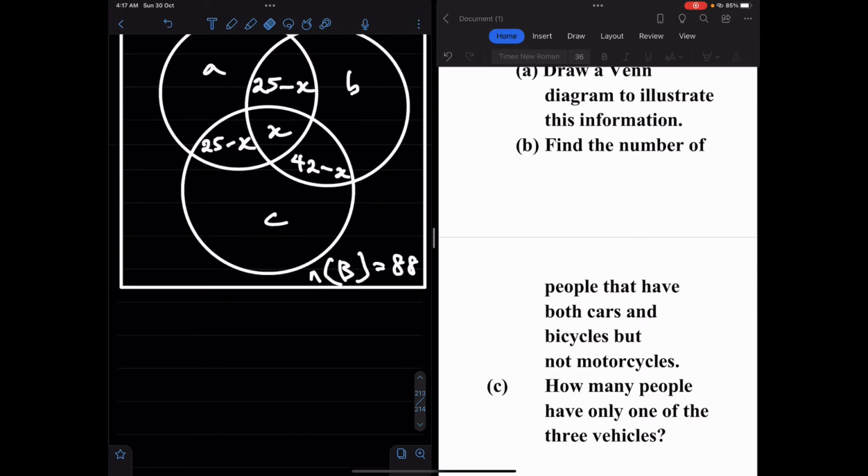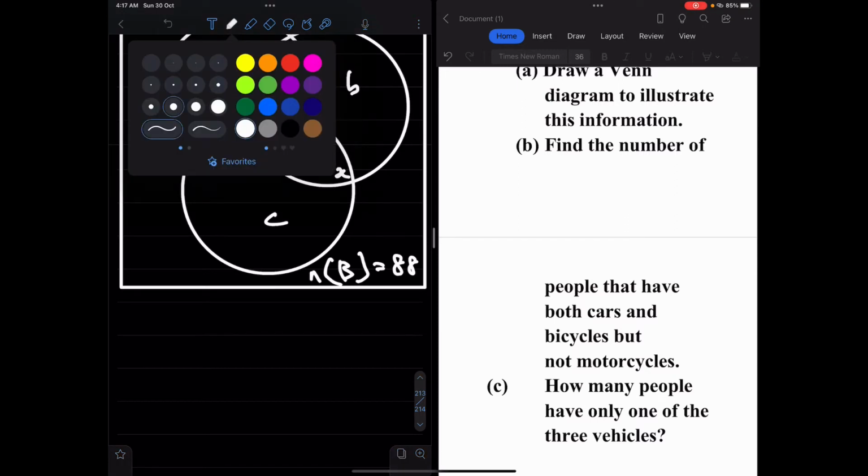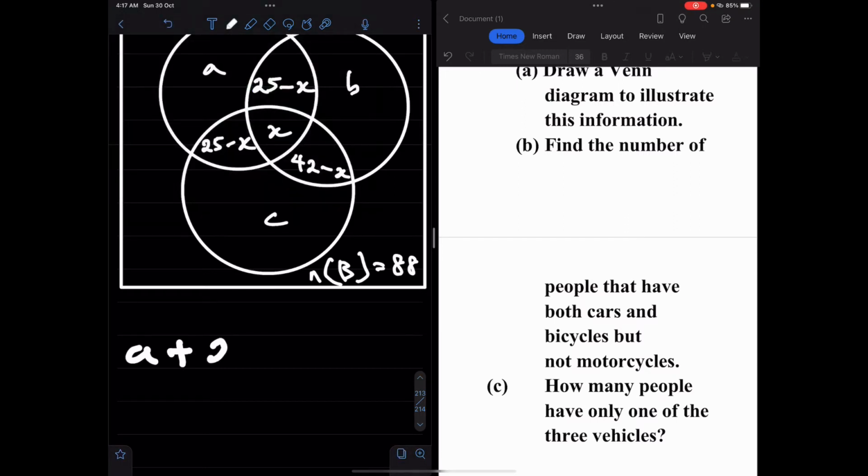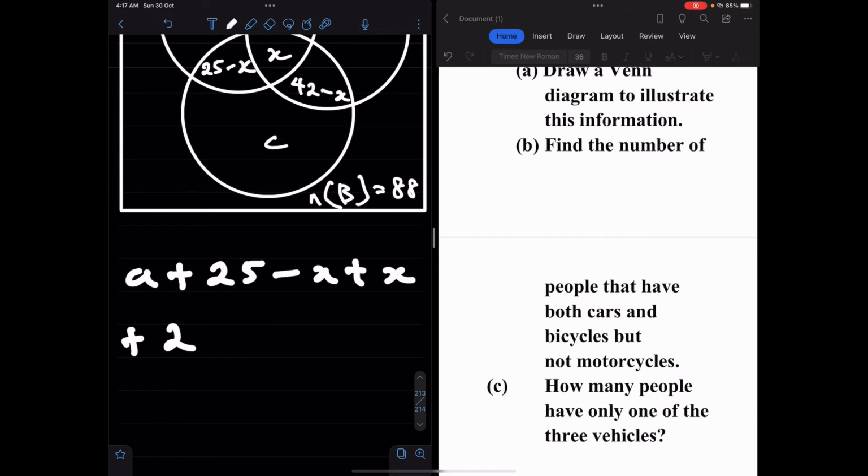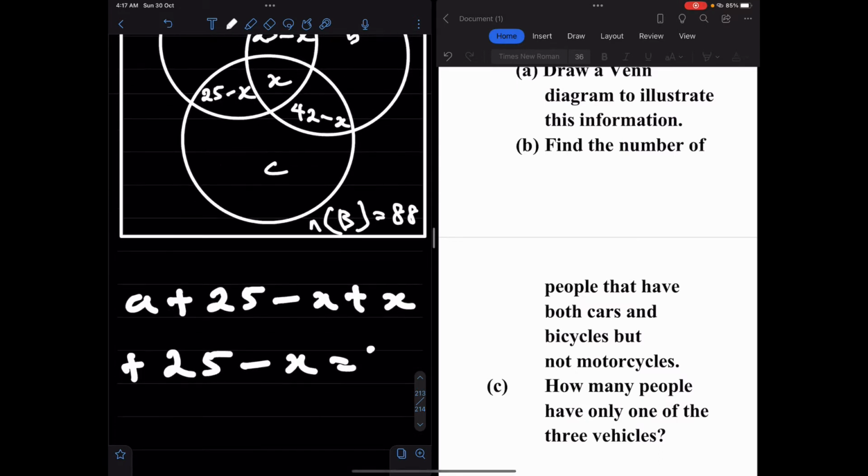Let me find A. A plus 25 minus X plus 25 minus X equals 70.